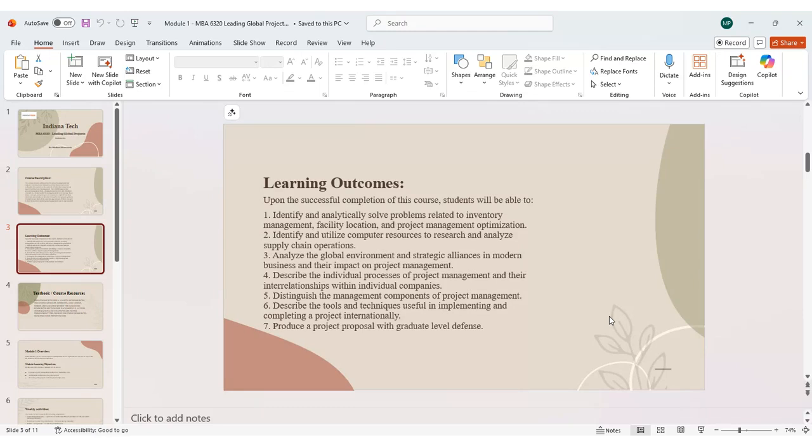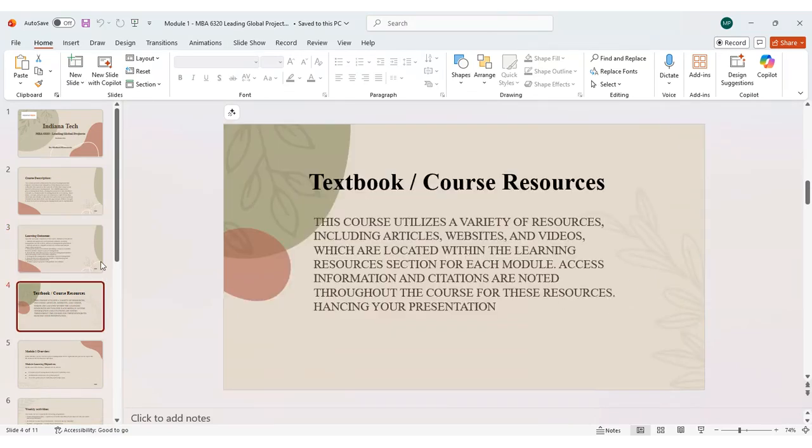And then describe the individual process of project management and their interrelationships within individual companies. And then go on to distinguish the management components of project management and describe the tools and techniques useful in implementing and completing a project internationally. And finally, produce a project proposal with graduate level defense. So those are the objectives for this particular course.